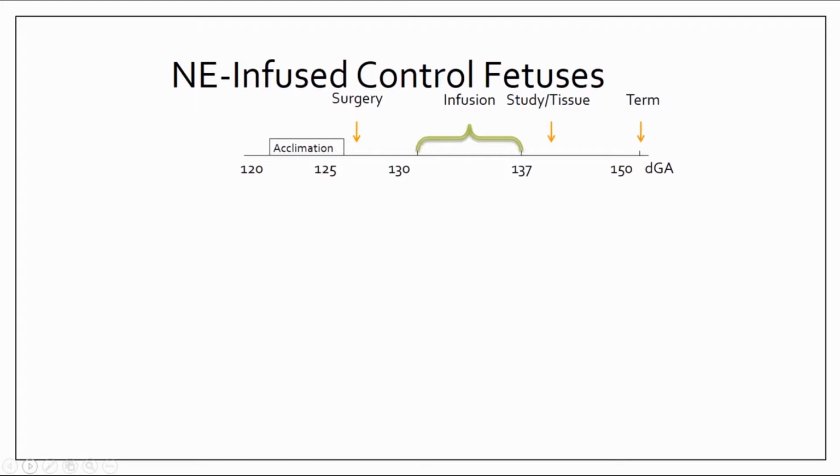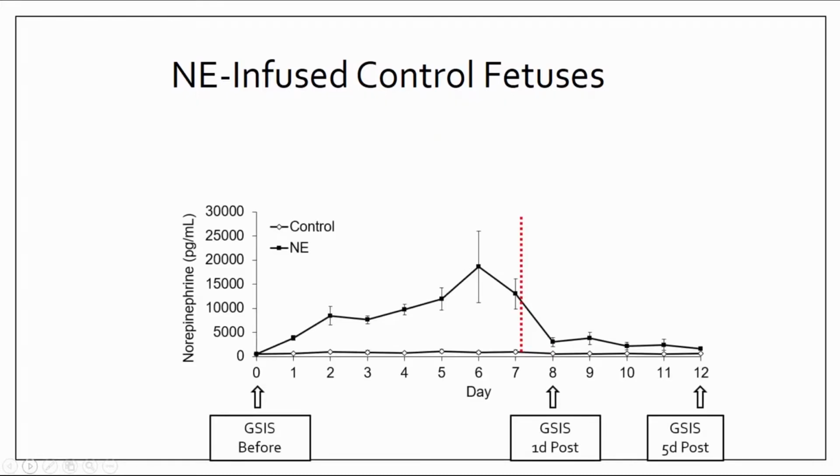We've performed in this series of experiments basically 3 glucose-stimulated insulin secretion challenges: one before, 24 hours after, and 5 days after terminating the norepinephrine infusion. And you can see that after the infusion, norepinephrine levels drop, although they don't drop to normal levels immediately.